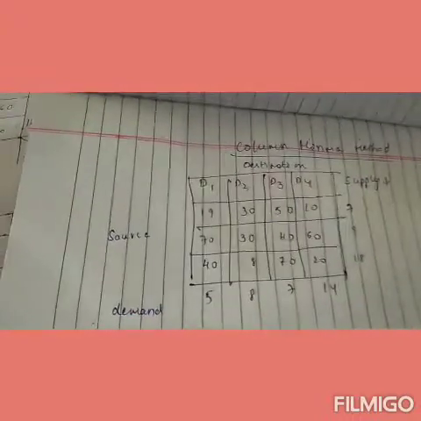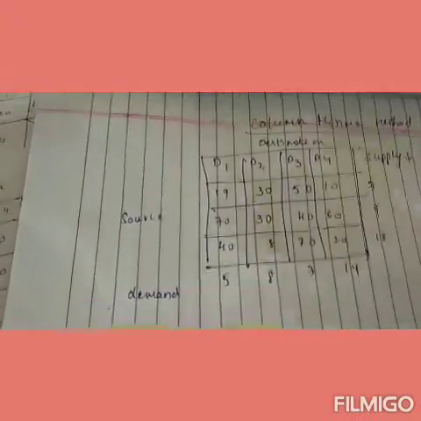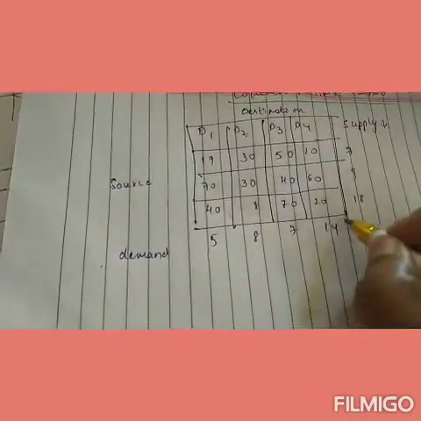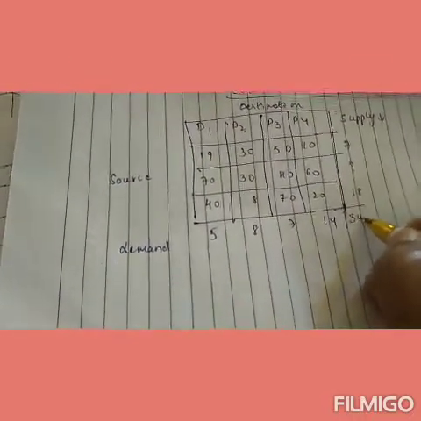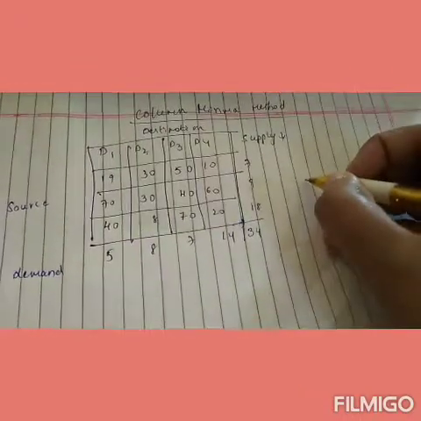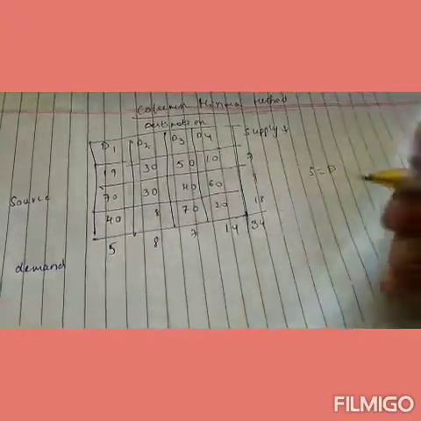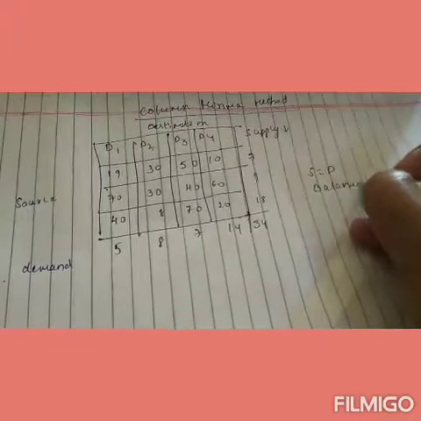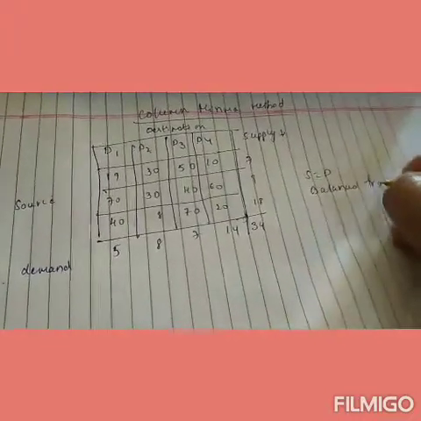By taking this method, now we are going to find out the initial basic feasible solution. First of all, let us check if it is a balanced transportation problem or not. Supply is equal to demand, so it is a balanced transportation problem.